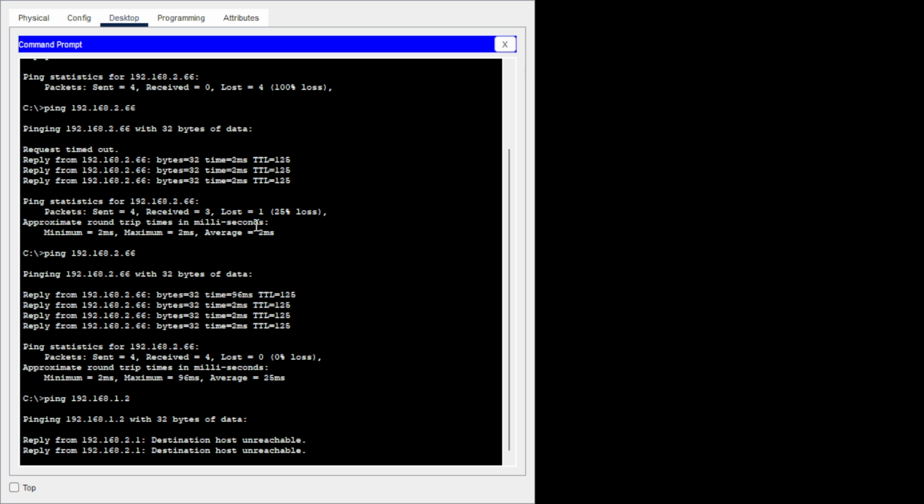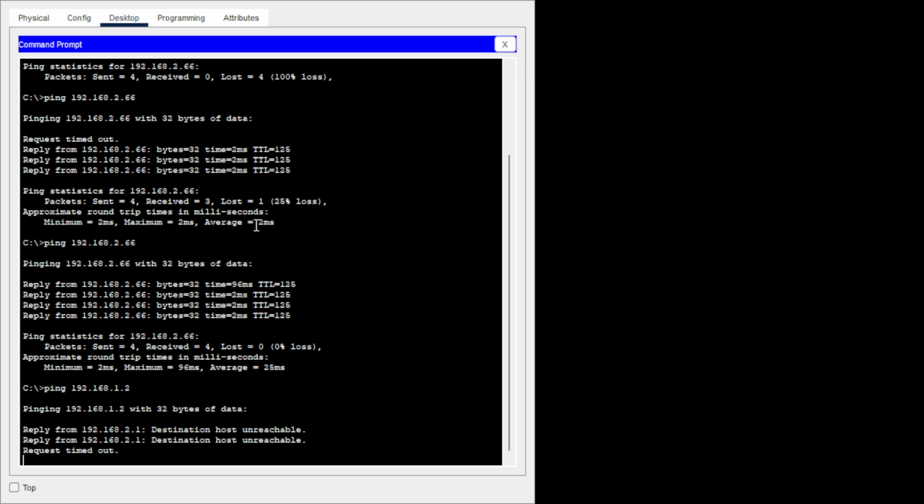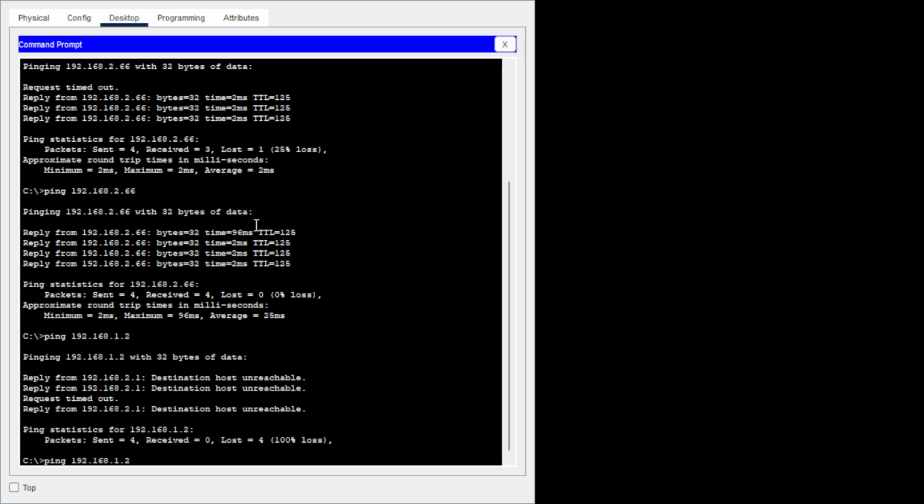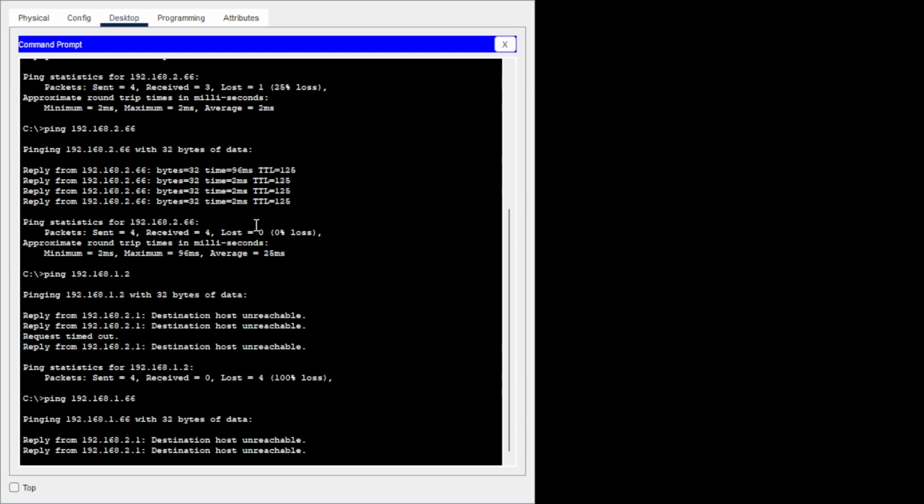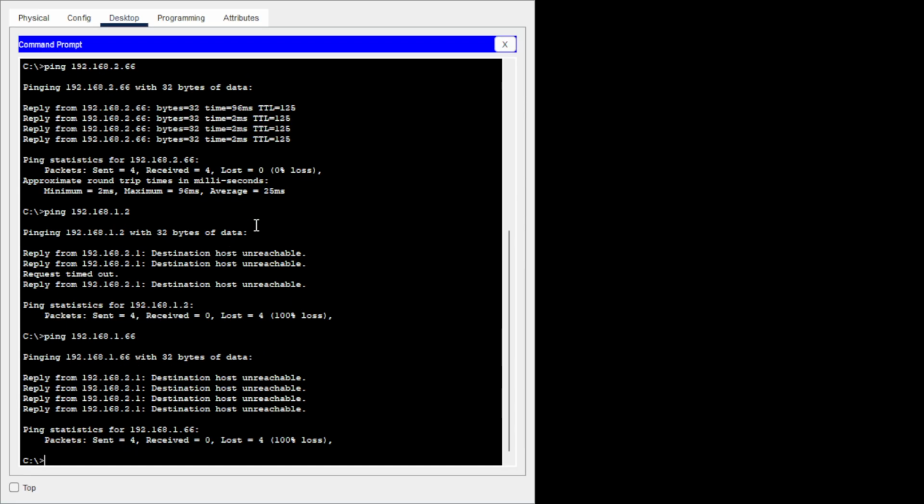Let's also try to ping PC1 with the IP address 192.168.1.66. It will also say destination host unreachable, because internal routing is finished, but external routing has not yet been done. So the router has no idea how to go to the outside world. For that purpose, we need to create BGP.